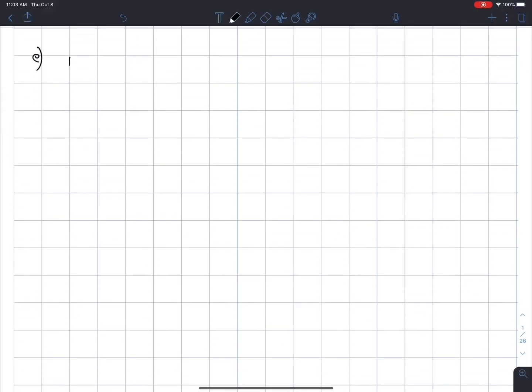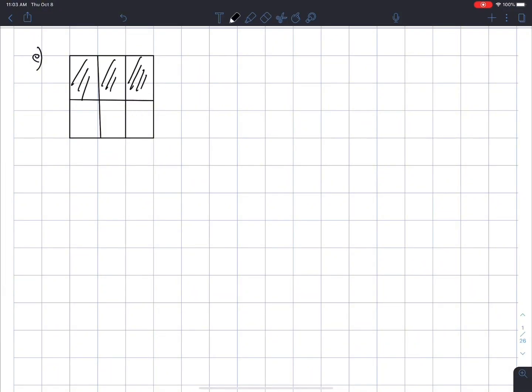And then E. So area, again, is 1 times 1, and then times 3 out of 6.